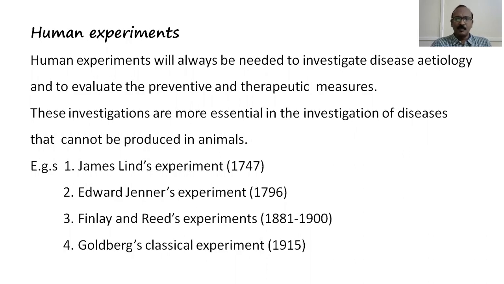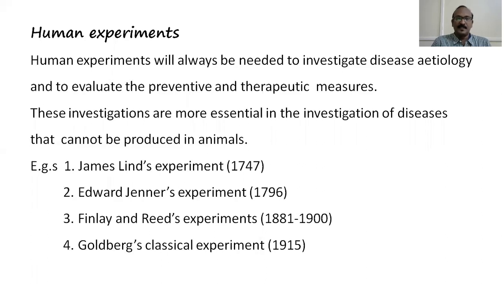Edward Jenner's experiment, the cowpox vaccination, in which he was able to start the smallpox vaccination, and the terms vaccination and vaccine were all derived from his experiment. It was because of his experiment that we were able to have this smallpox vaccine, with which we were able to control and contain smallpox at the time.